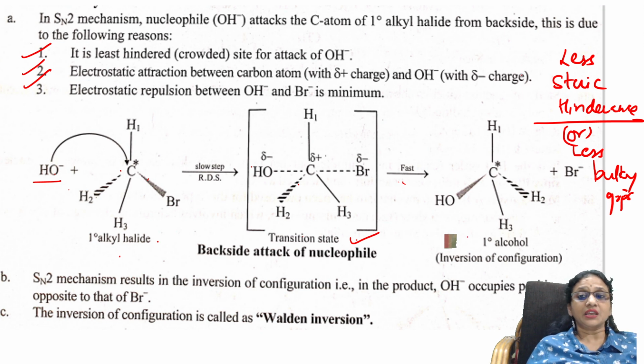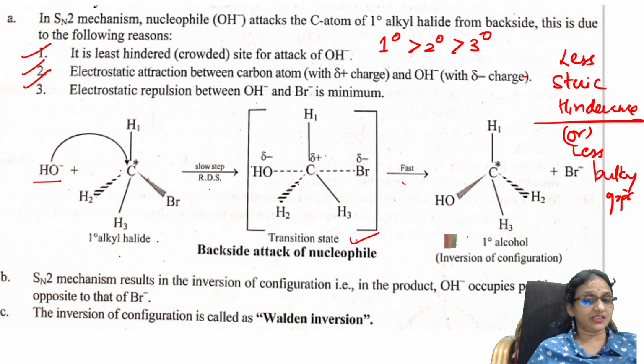In SN2 mechanism, primary is more preferred than secondary, more preferred than tertiary. The attack of the nucleophile is the slowest step, the RDS. After this, a transition state is formed where both the OH and Br are attached to the carbon. And the final, fastest step is inversion of configuration.